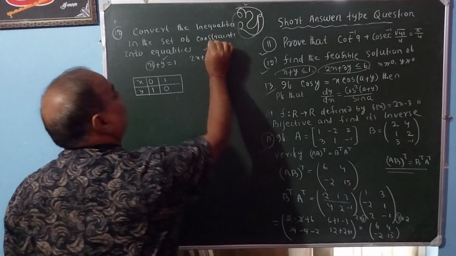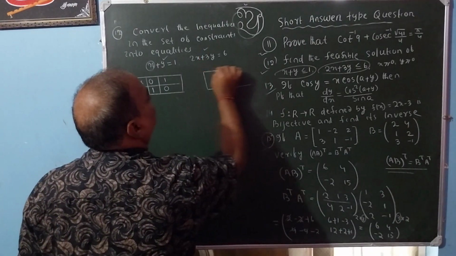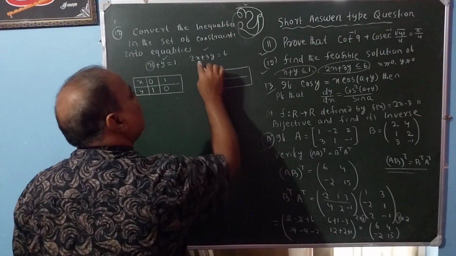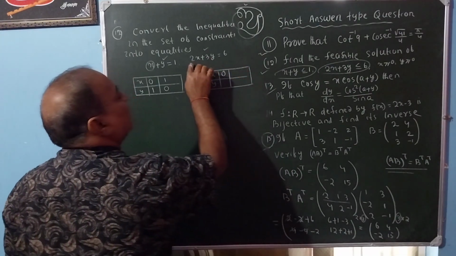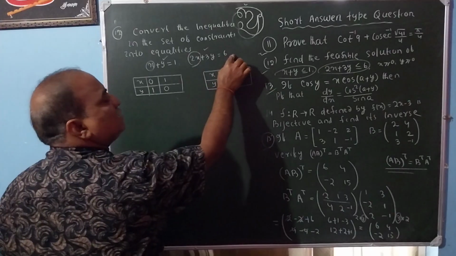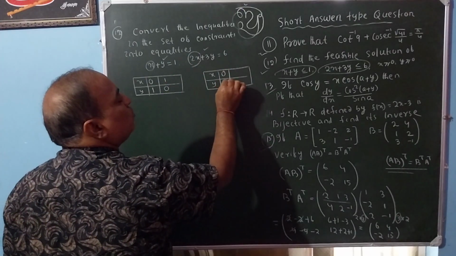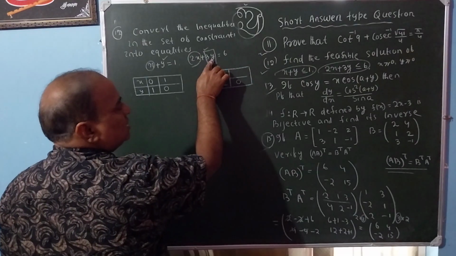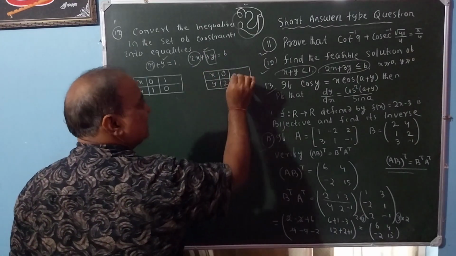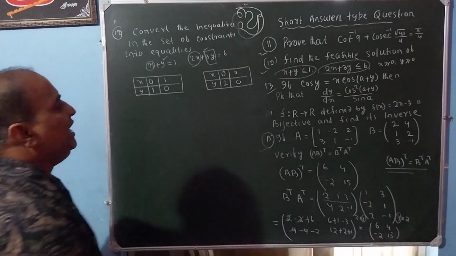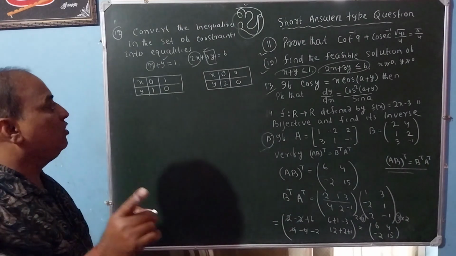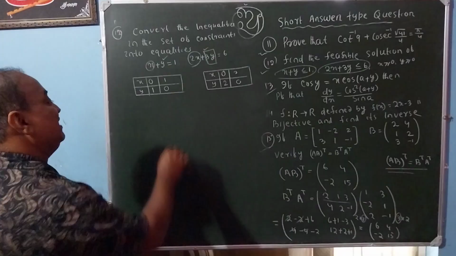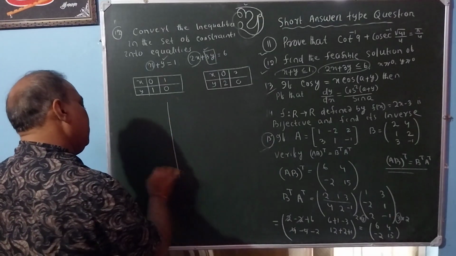Then for the second line, make another box. When x is equal to 0, 3y is equal to 6, so y is equal to 2. When y is equal to 0, 2x is equal to 6, so x is equal to 3. Now we have to draw the above two lines in the two-dimensional plane, that is, on graph paper.